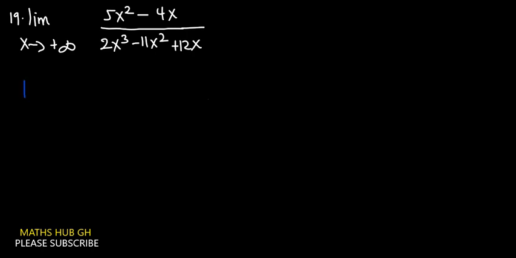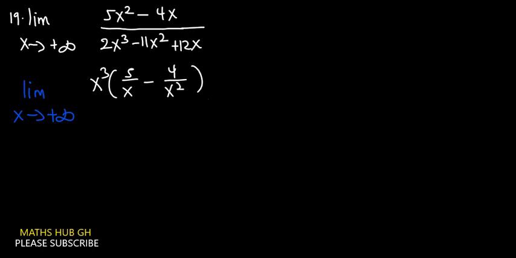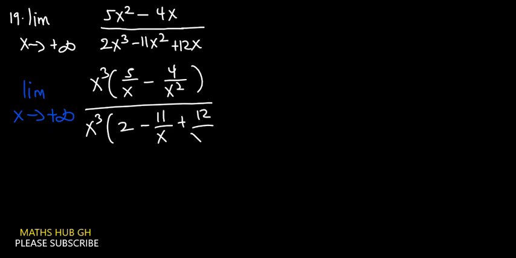So you are going to have the limit as x approaches positive infinity. From the numerator, you are going to have x cubed, bracket open, 5 over x minus 4 over x squared. That's what you're going to have for the numerator, and then for the denominator you're going to have x cubed, bracket open, 2 minus 11 over x plus 12 over x squared.